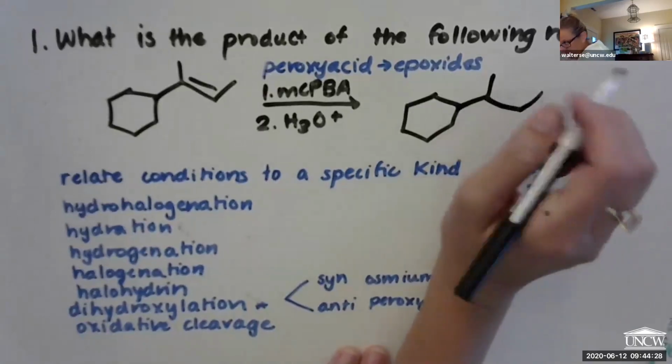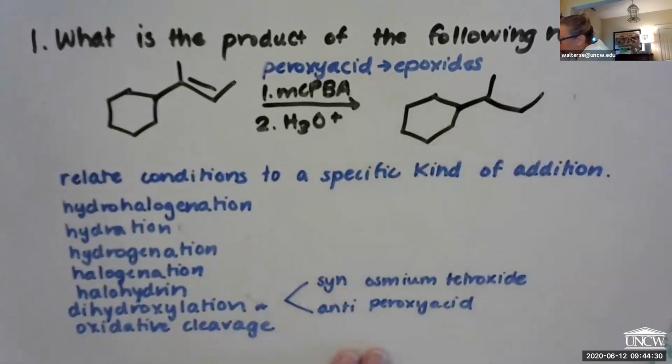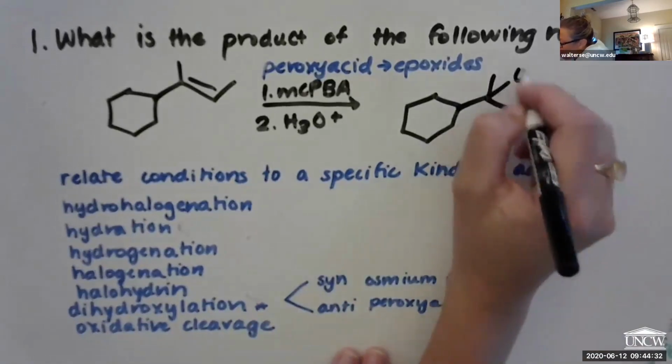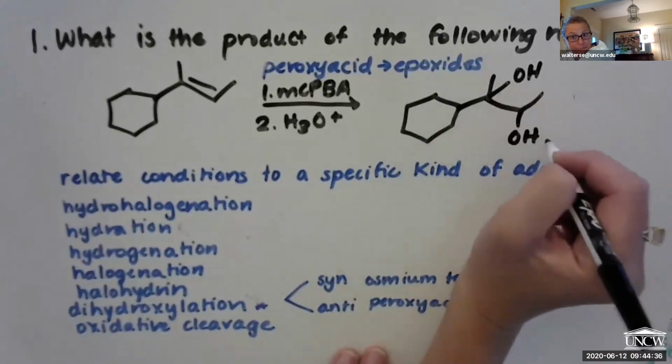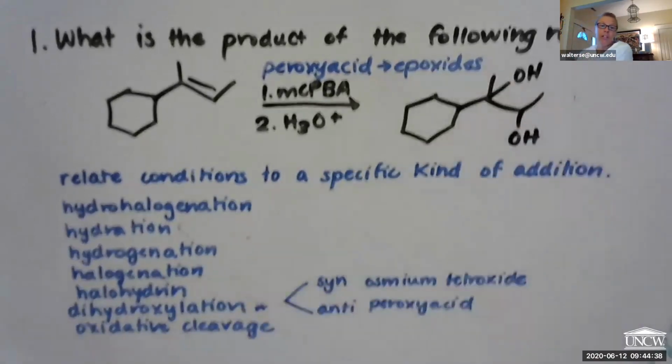Because you would get some free rotation, as long as you have a hydroxide here and a hydroxide here, you'd be fine. So that would be the answer to that type of question. Okay. Questions?